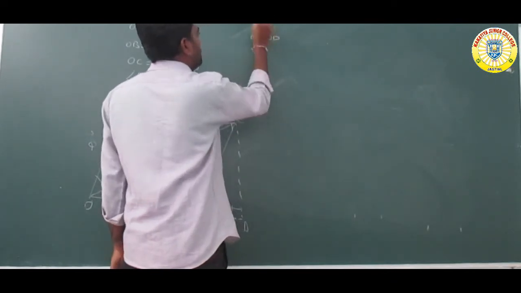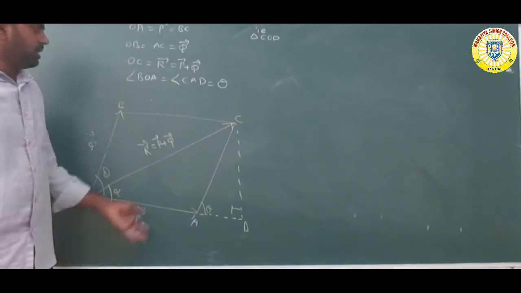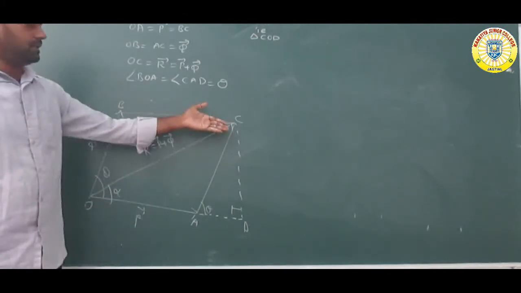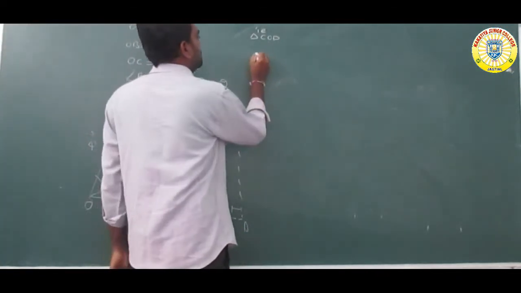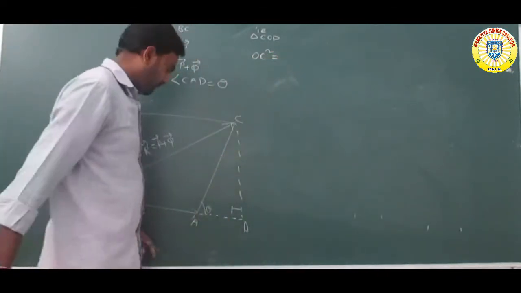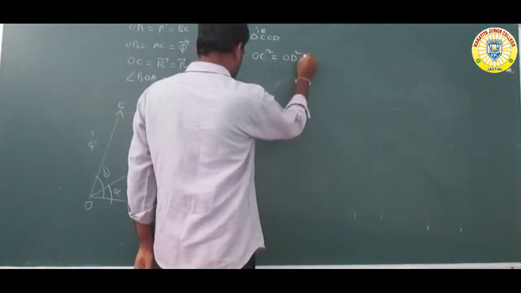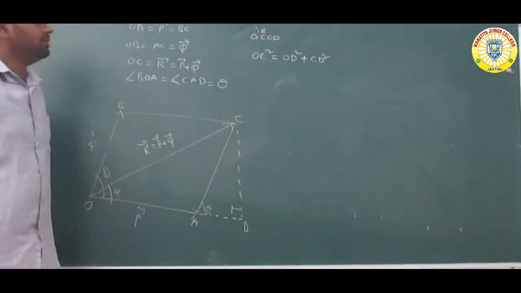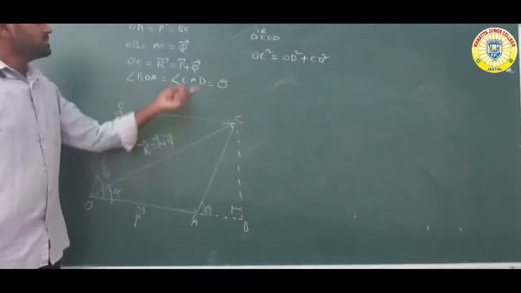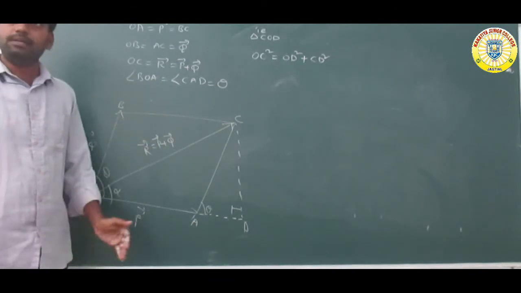According to Pythagoras, OC square is equal to OD square plus CD square. So OC square is called R square. Directly you can write.